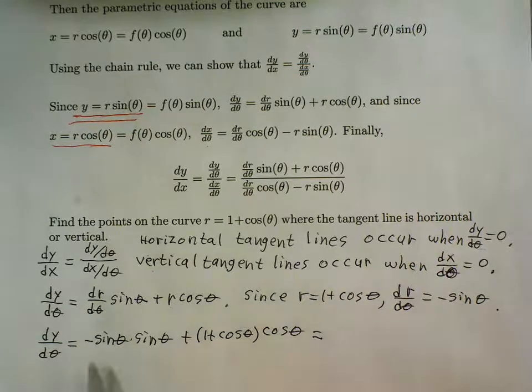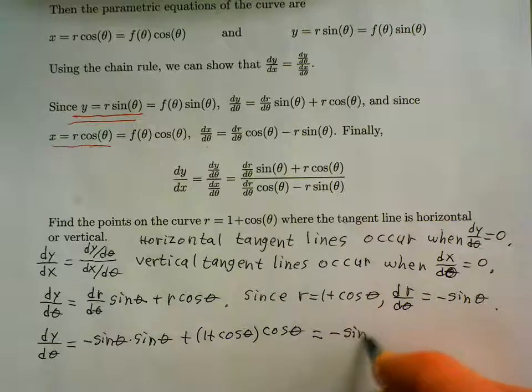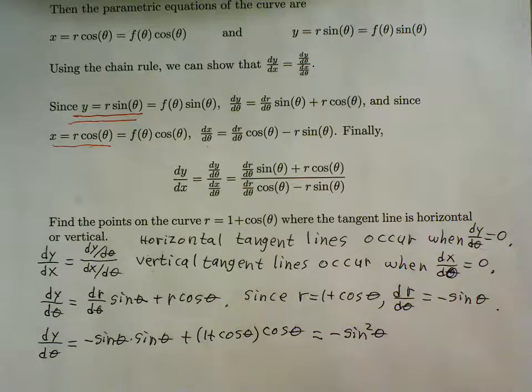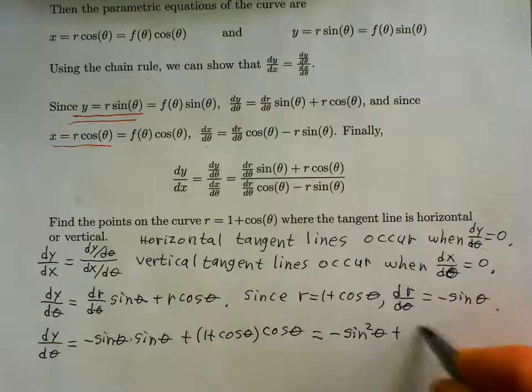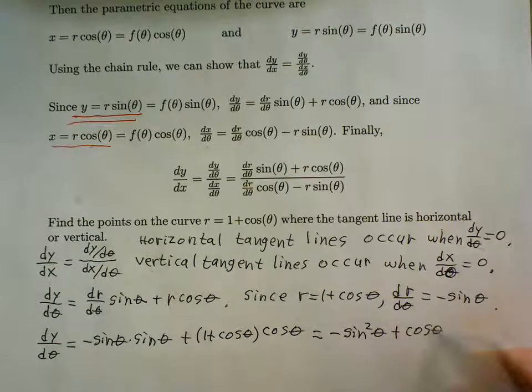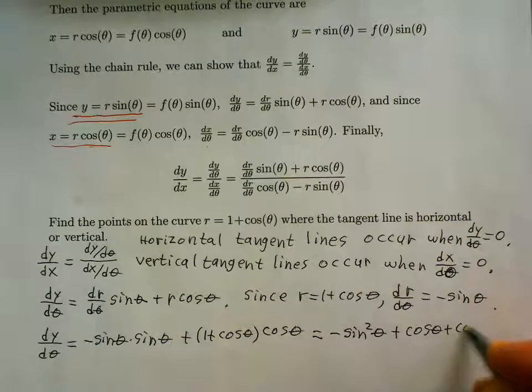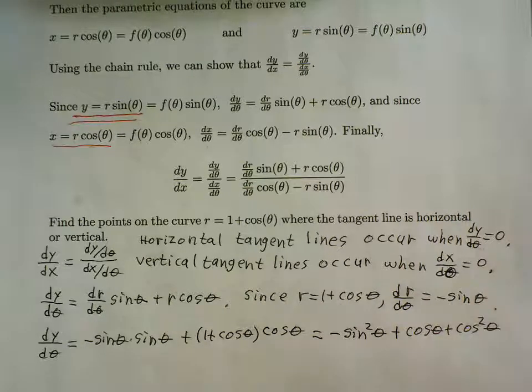So negative sine theta times sine of theta is negative sine of theta squared. And then we'll distribute multiplication to get plus cosine of theta plus cosine of theta squared.